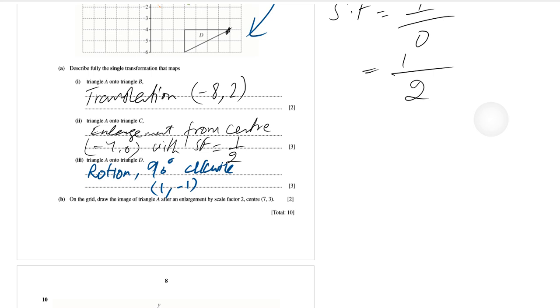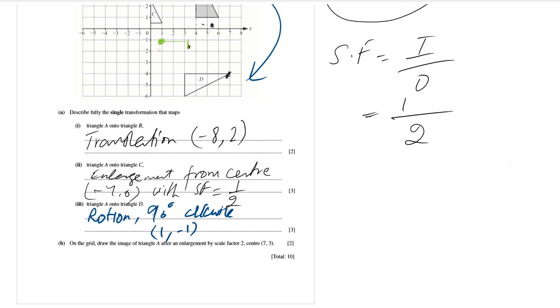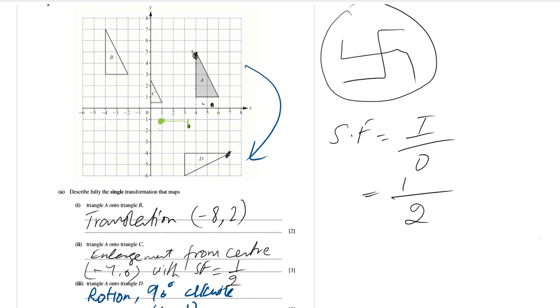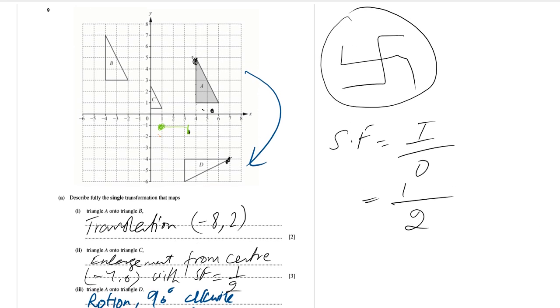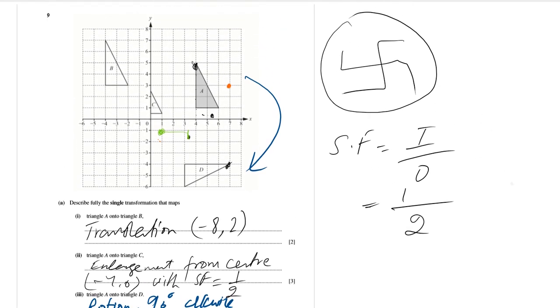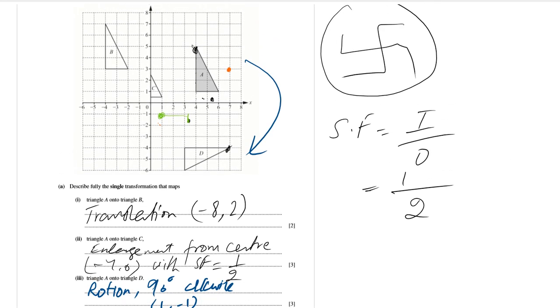On the grid, draw the image of triangle A after enlargement by scale factor 2, center 7, 3. Okay, let's do it quickly. 7, 3, it is this point. Scale factor of 2, enlargement of triangle A. Fine. All right, let's draw the extended lines.